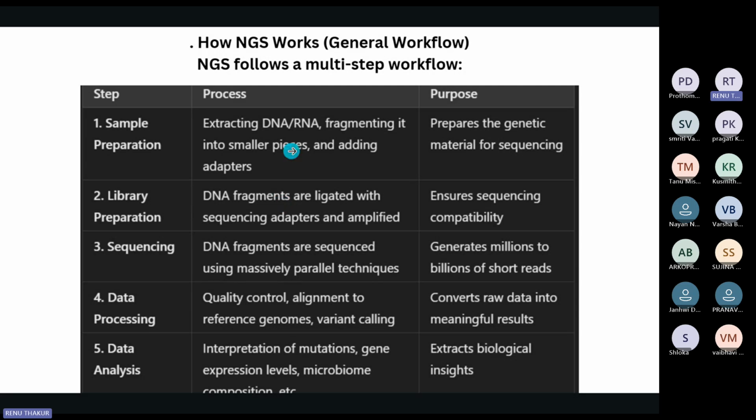We will fragment it into smaller pieces, and then we are going to add some adapters, which will prepare the genetic material for sequencing. I'll explain this procedure in detail in the further slides. This is just a summary.